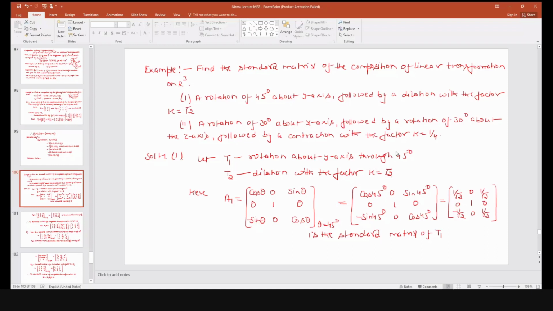That is your T3 here. So calculate its standard matrix. Then when you combine it, it is T3 o T2 o T1. First T1, then T2, then T3. The standard matrix of the composition is A3 A2 A1, this product.